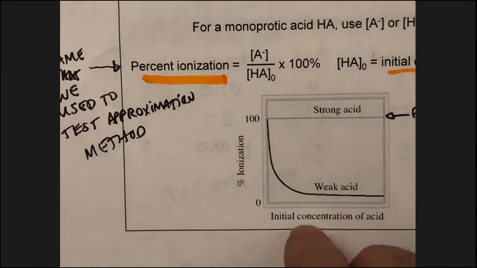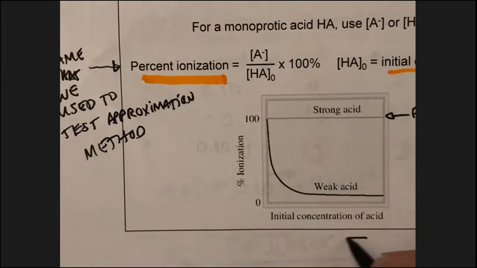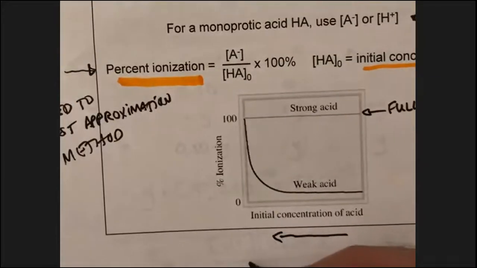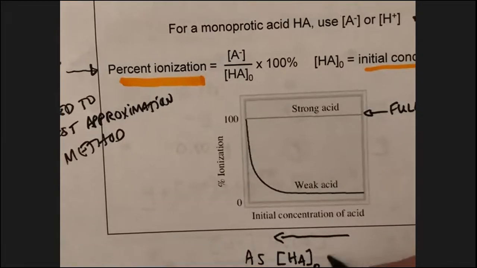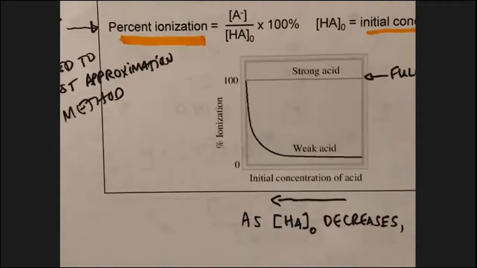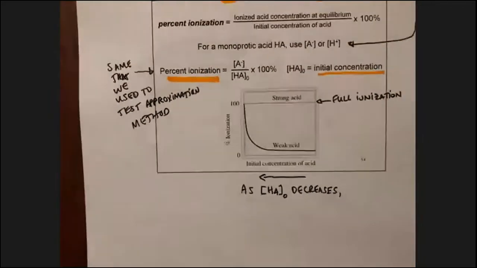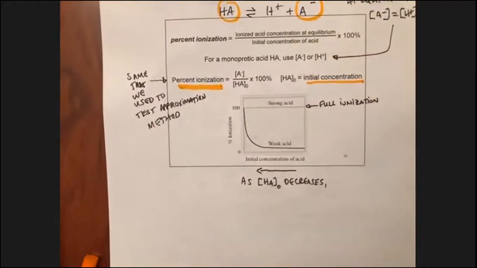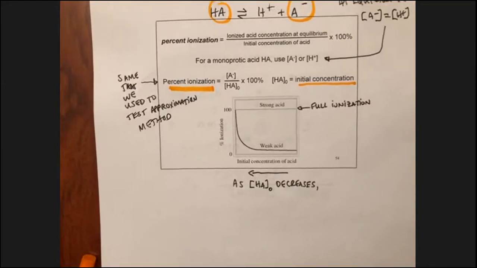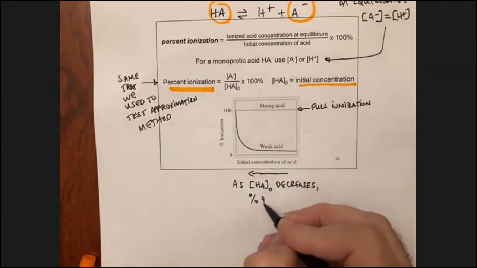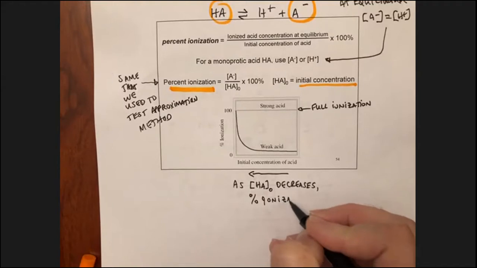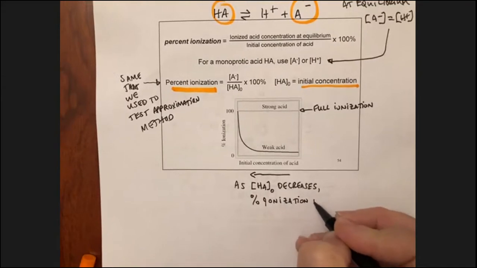Notice that as the initial concentration of the acid decreases, the percent of ionization increases.